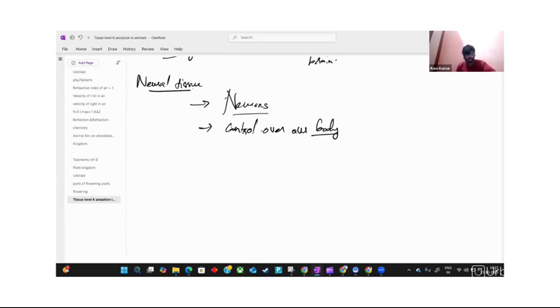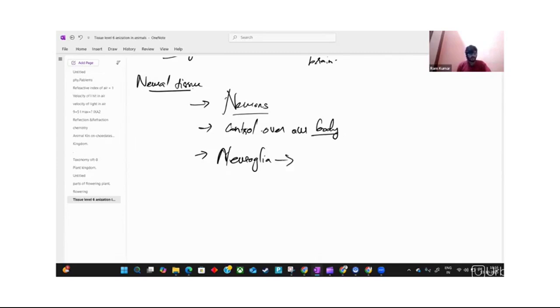Okay, so neuroglia. Neuroglia are found between the neurons, between the joinings of the neurons.